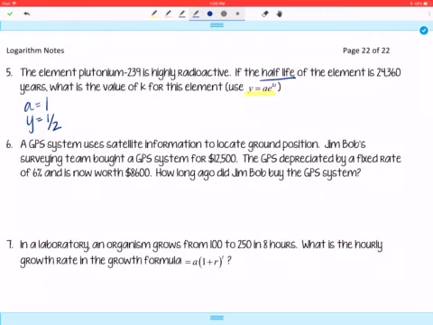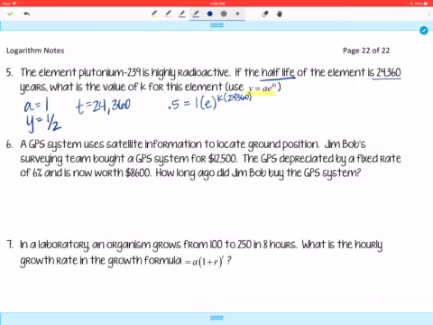Your T is 24,000 years, and I'm looking for K. So if I fill all that information in, I've got 0.5 is equal to 1 times E raised to the K times 24,360.